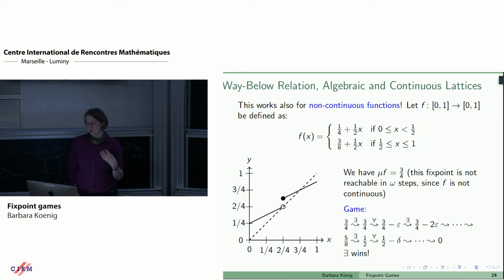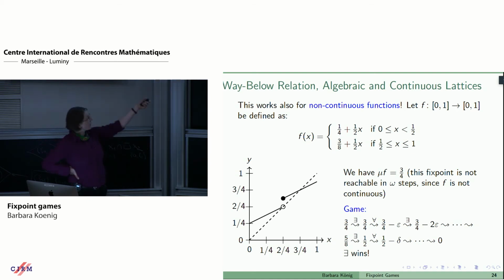Just to give you a bit of an idea, here's a non-continuous function, and we want to check in the end that we're below its least fixed point. This is a piecewise linear function, and it makes a jump here at 1/2. Sorry, this is automatically generated, so it says 2/4, it should be 1/2.